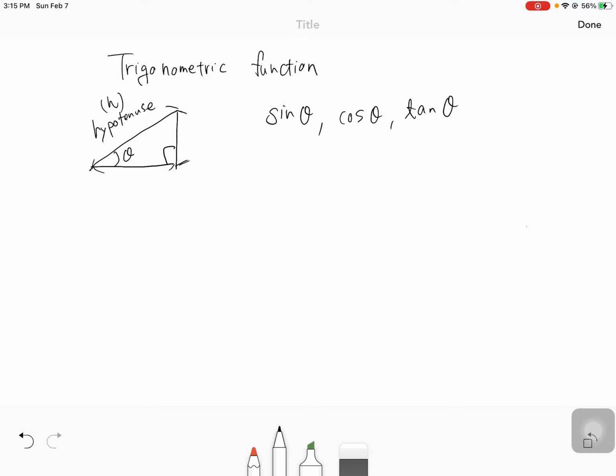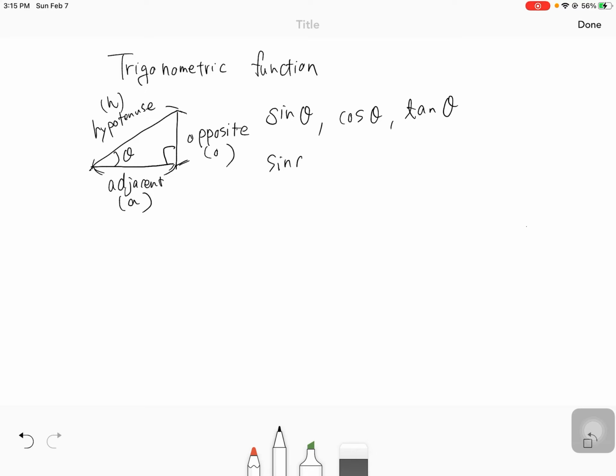Then the side opposite to theta is called the opposite. Let me represent it as O. And this side is called the adjacent. Let me put A here.